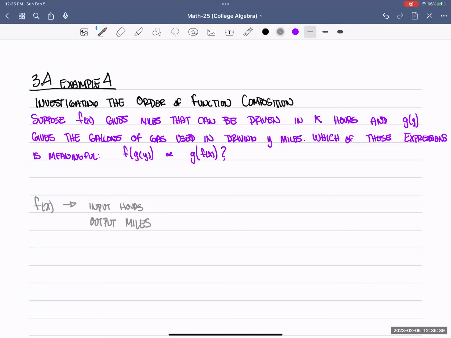And g of y gives the gallons, so output gallons, used in driving y miles, so input miles.